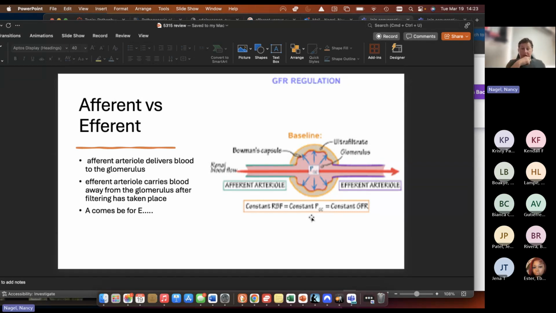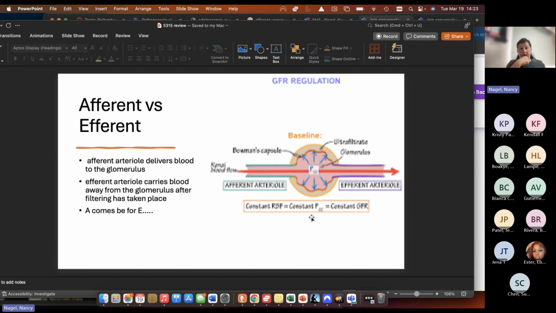I also wanted to just kind of touch upon afferent versus efferent blood flow in the kidneys. This was not on one of the challenging areas list that I was given, but I have found it to be an area that students tend to struggle with.